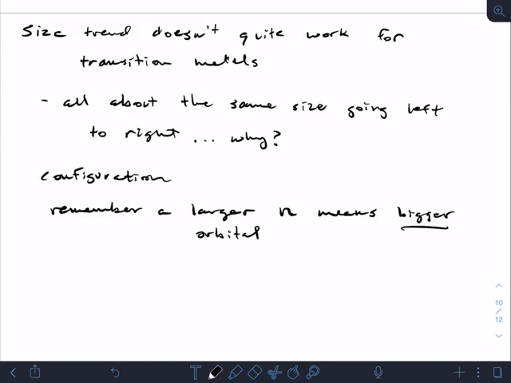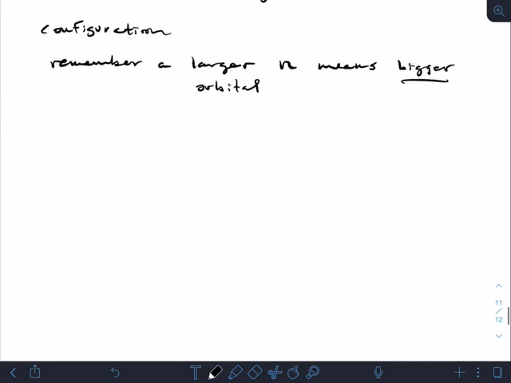As I go left to right across the periodic table, I'm adding electrons to which orbital? The d orbital. And the d orbital has a lower n value than the s orbital does. So the s orbital is effectively the one on the outside controlling the size of the atom. As I'm filling up my d orbital, it's filling up on the inside and not really affecting the overall size of my atom.